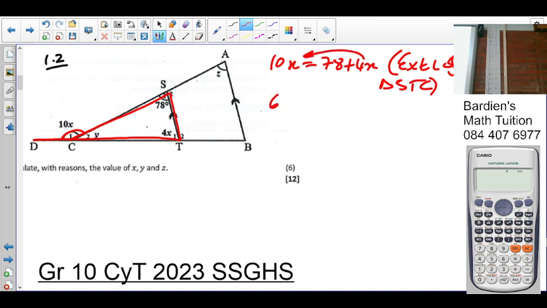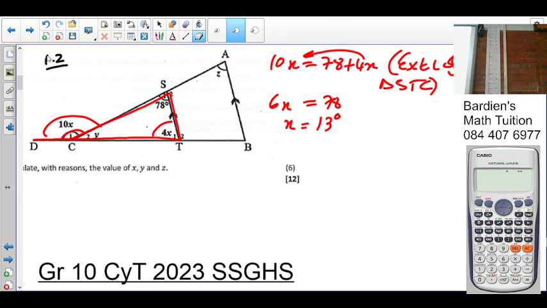Take that over, it becomes 10x minus 4x, which is 6x, is equal to 78. X then works out to be 78 divided by 6, which is 13 degrees. So that angle of course is 130, that angle is 4 times 13, which is 52.